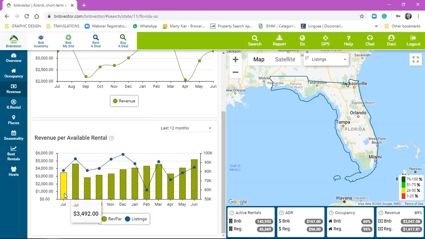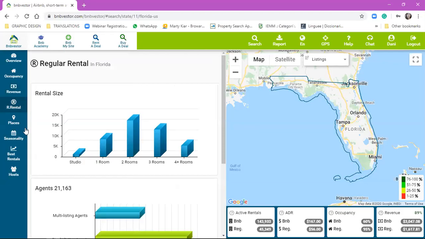So we have the revenue per available rental in green and the available listings in blue. You can also view this within the last 12 months or the prognostics of the next 6 months.